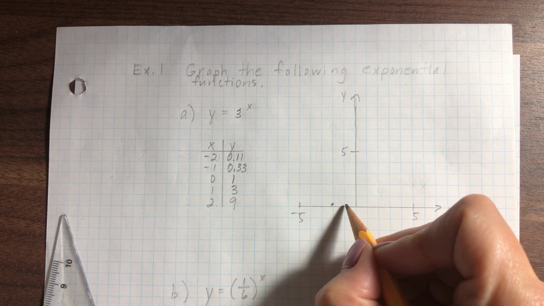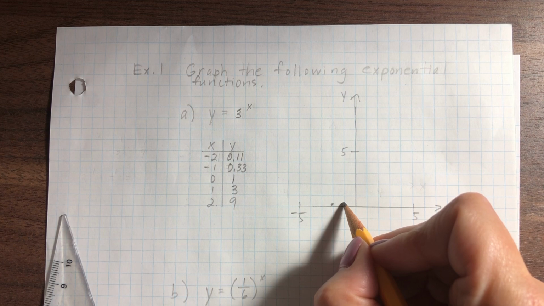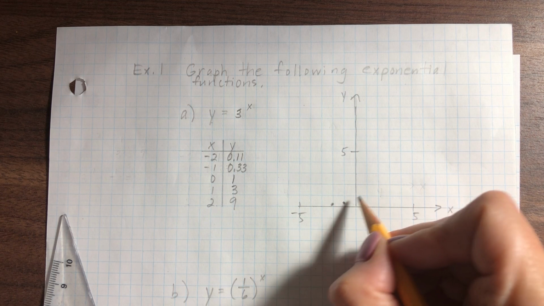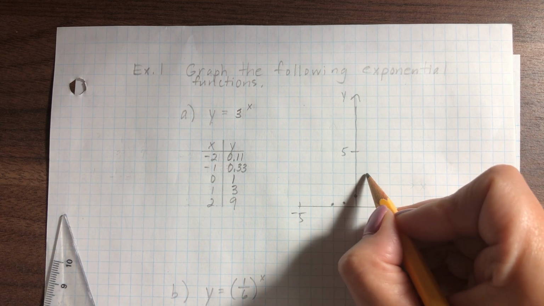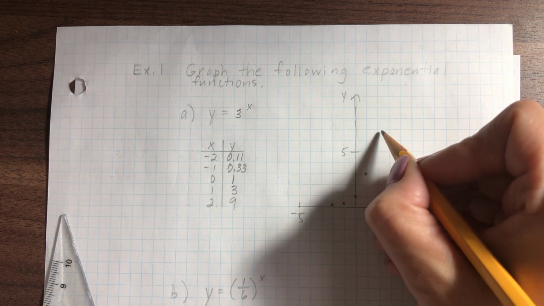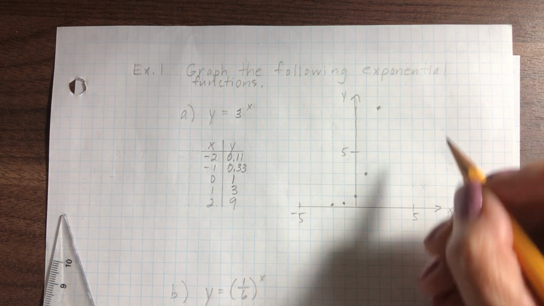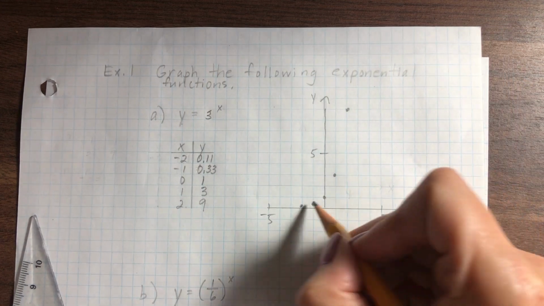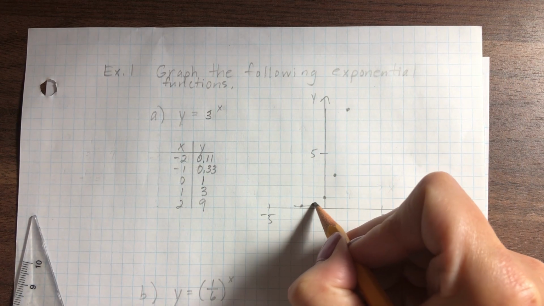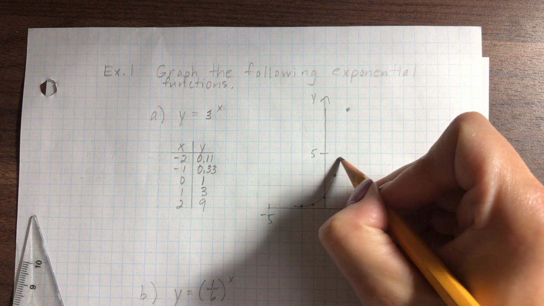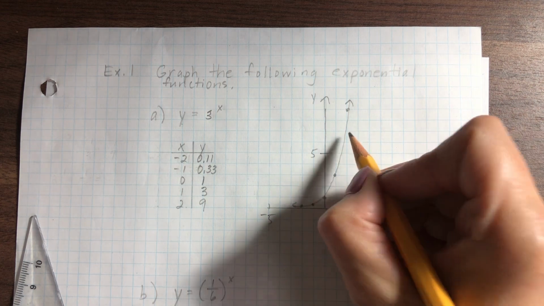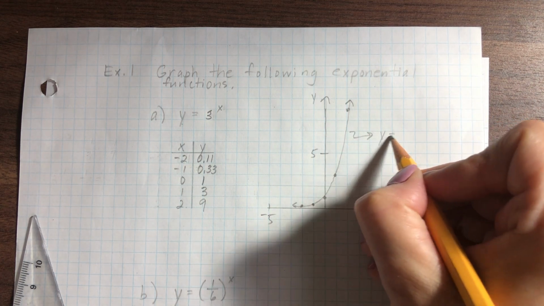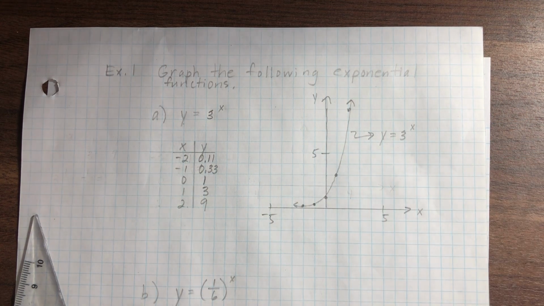And then -1 and 0.33. Then 0, 1. Then 1 and 3. And then 2 and 9. And then you would draw a smooth curve through these points here. Okay, so this would be the graph of y equals 3 to the exponent x.